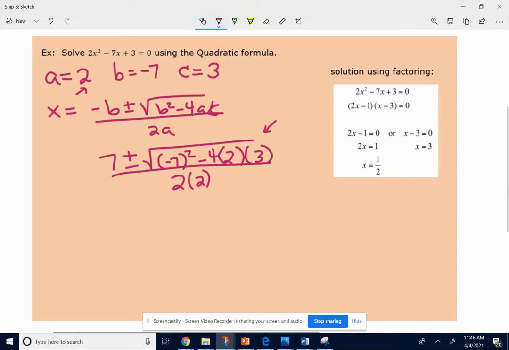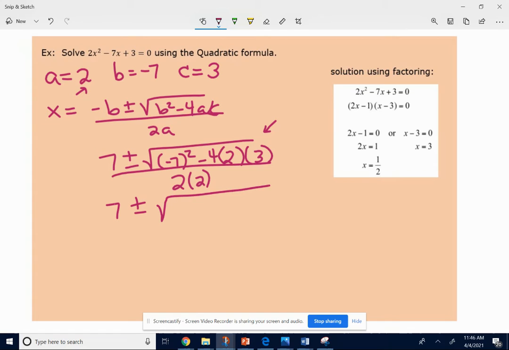And then I would focus on simplifying the square root first. Notice when you're inside the square root, you have exponents and you have multiplication. So when you're inside the square root, you have to do the exponents first and then the multiplication, then the add or subtract at the end.